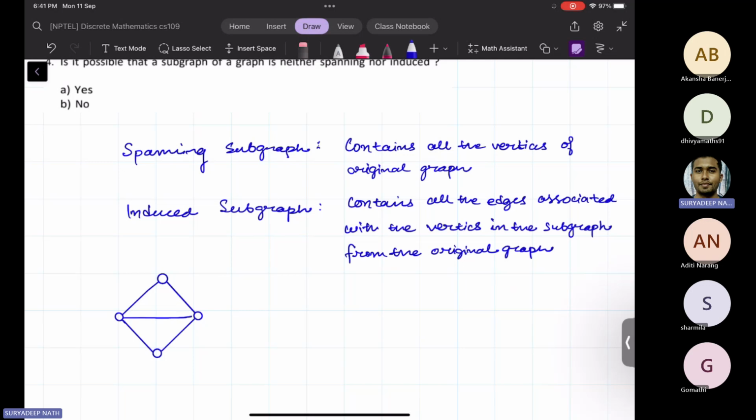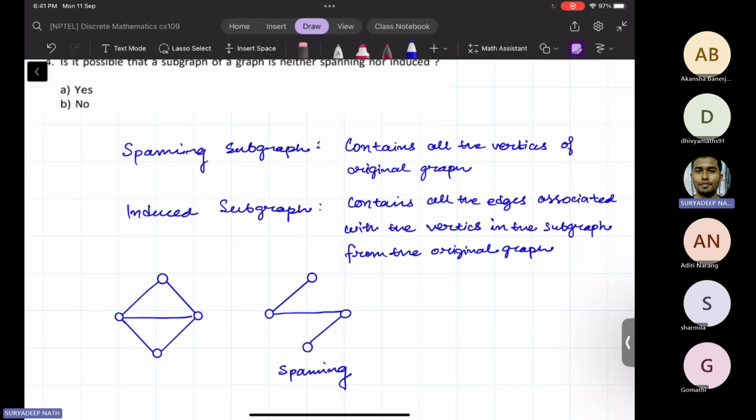Okay, so a spanning subgraph would be, you'll have to take all the four vertices, and you can create something like this. This is spanning.